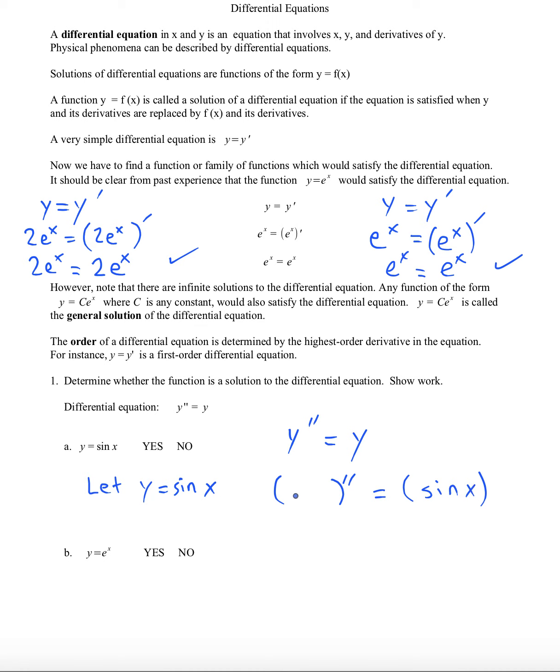And in the place of y over here, I'll put sine x. Now we want to find the second derivative. Derivative of sine x is cos x, and that takes away one of the primes. The derivative of cos x would be negative sine x.